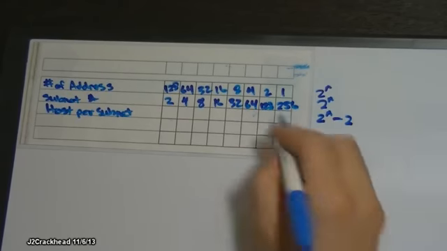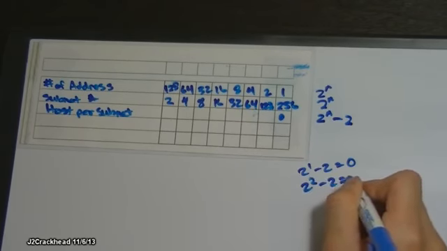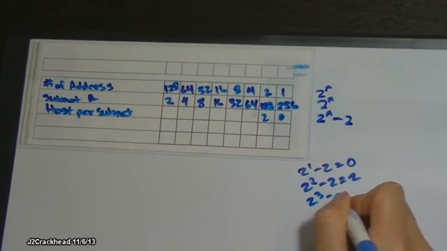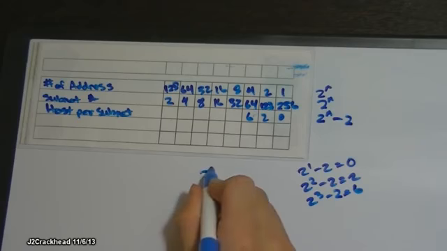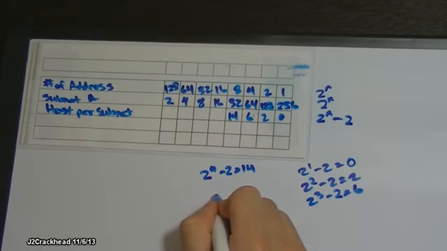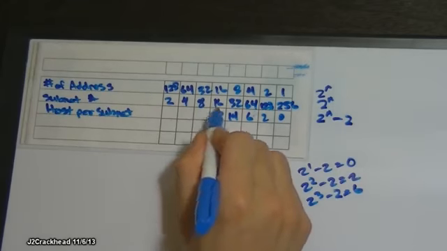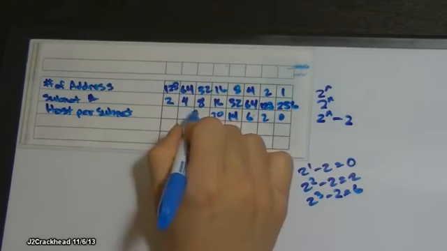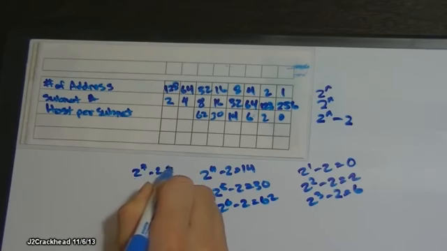That'll be 0, so I'll put 0. And then 2 to the second power minus 2, that'll be 2, so I'll put 2. 2 to the third power minus 2, that'll be 6. 2 to the fourth power minus 2, that'll be 14. 2 to the fifth power minus 2, that'll be 30. 2 to the 6th power minus 2, that will be 62. 2 to the 7th power minus 2, that will be 126.